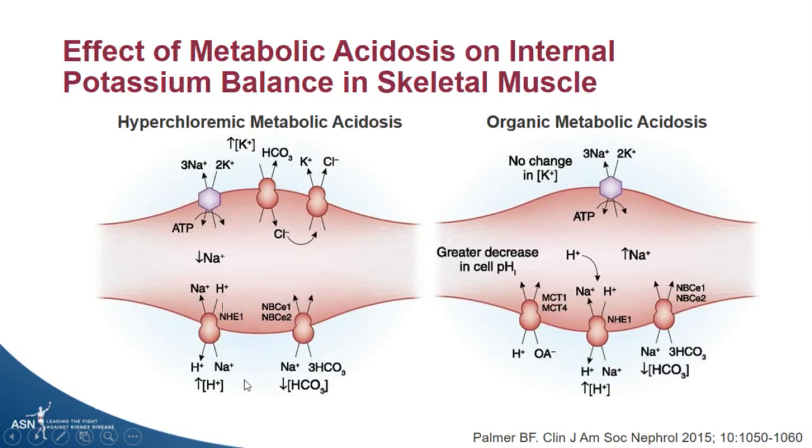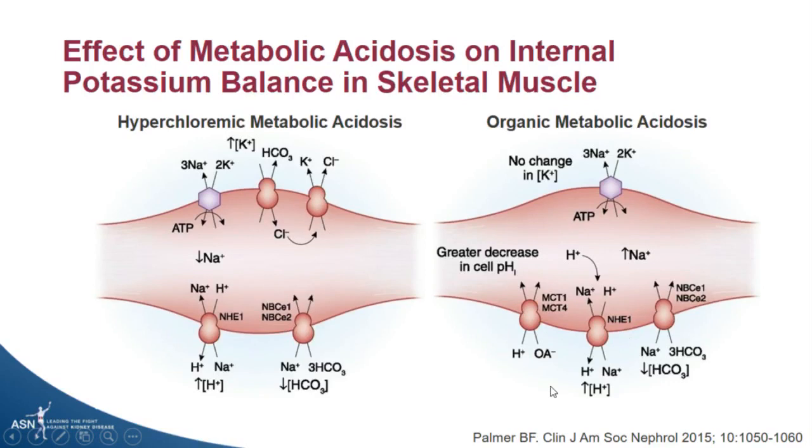In hyperchloremic metabolic acidosis, you have hydrogen sodium exchange. In the setting of acidosis, you downregulate the sodium-hydrogen exchanger. That results in a reduction in the sodium concentration within the cell that downregulates the activity of the sodium-potassium ATPase.